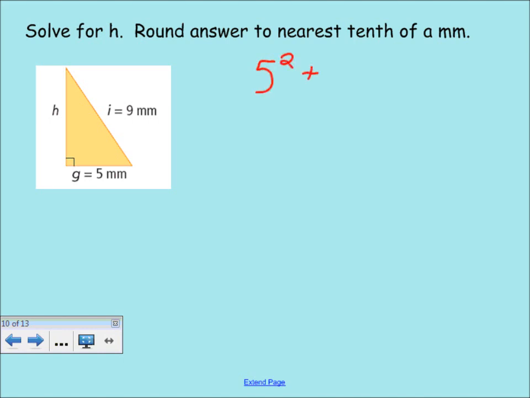So let's fill in the equation. 5 squared plus h squared equals 9 squared. 5 squared equals 25, plus h squared equals 81. Sorry, 81.